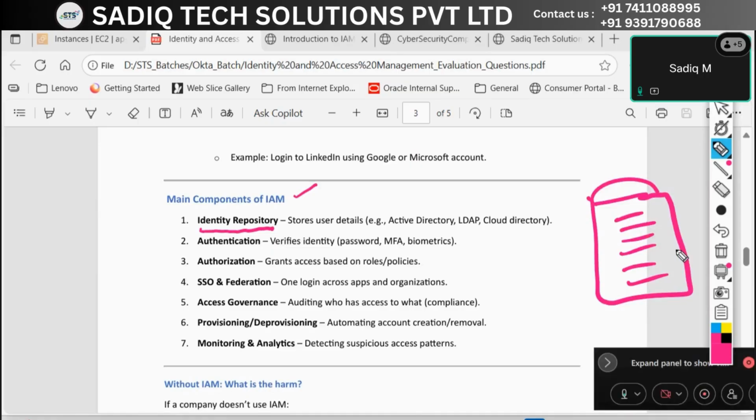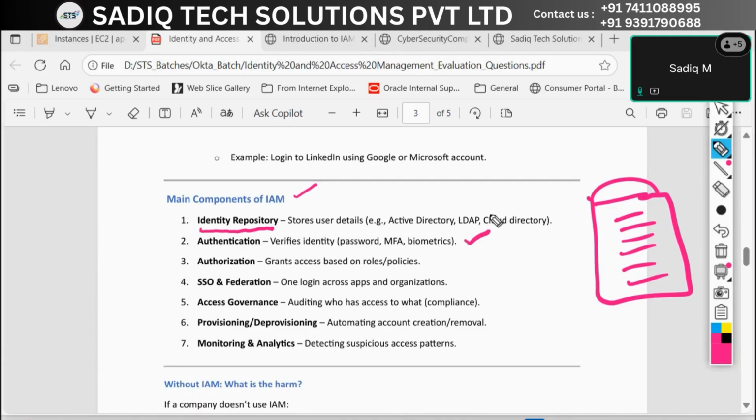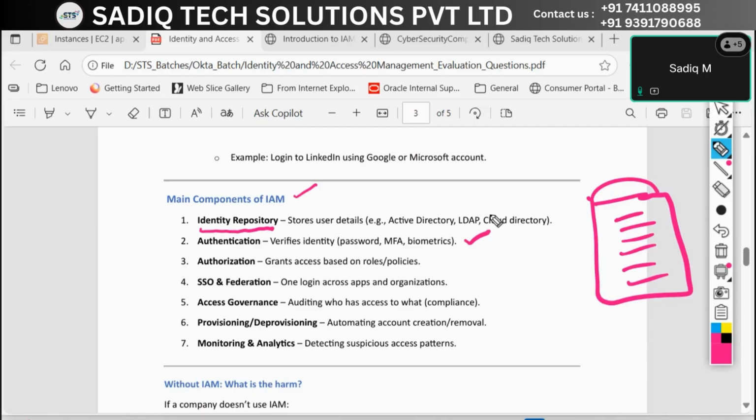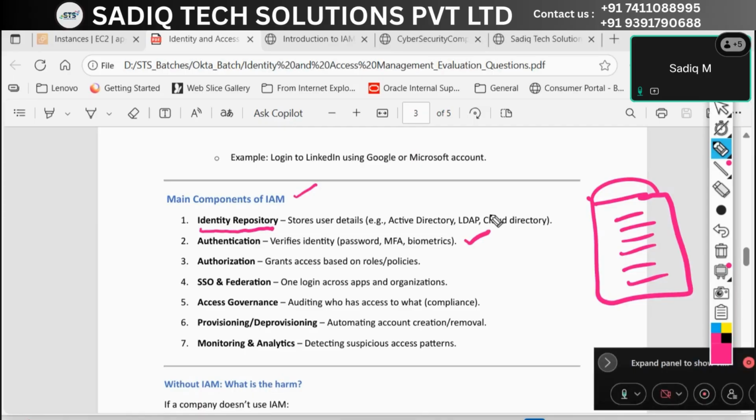And the second component is authentication. I told you, right, you need to prove to the application or system who you are, whether you are a valid or authenticated user or not. That comes under authentication. How do you implement authentication?